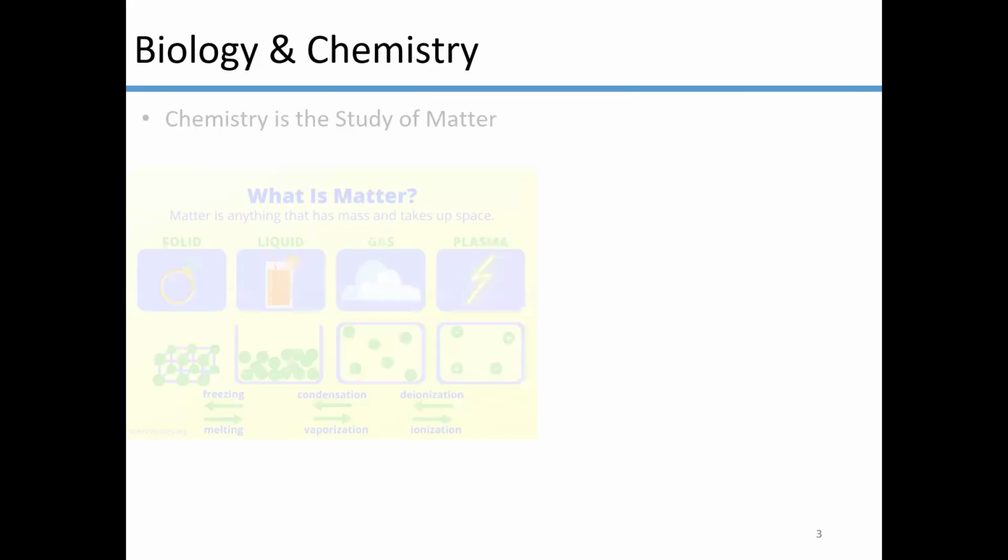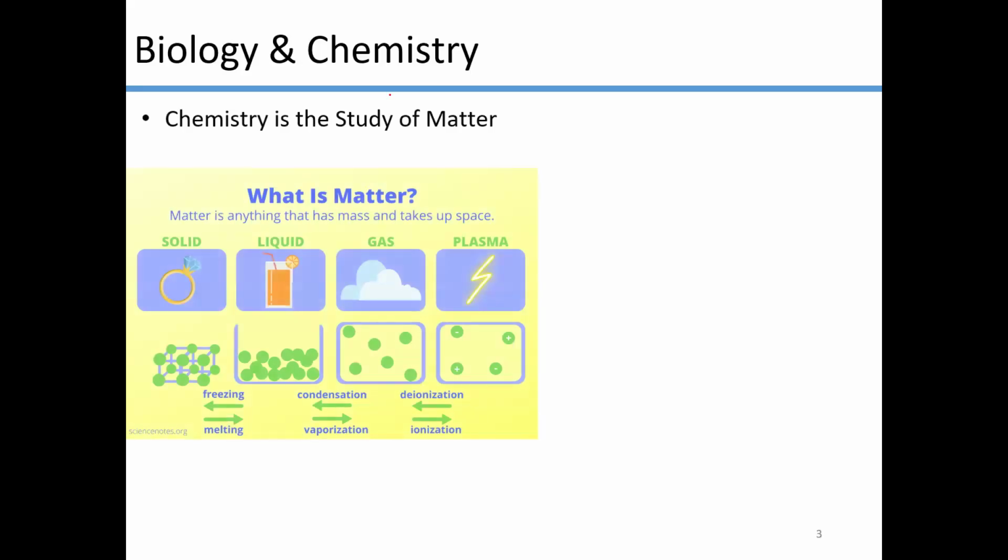Let's take a look at the connection between biology and chemistry. So why are we learning about chemistry prior to really getting into our biological functions and all of those different things? Well, one of the big reasons is because chemistry is the study of matter, and matter makes up everything. Depending on its orientation and its physical and chemical properties, it's going to dictate a lot of the way things operate and the way things work.